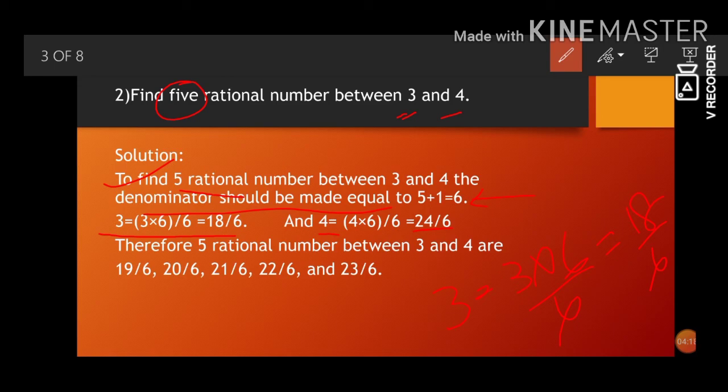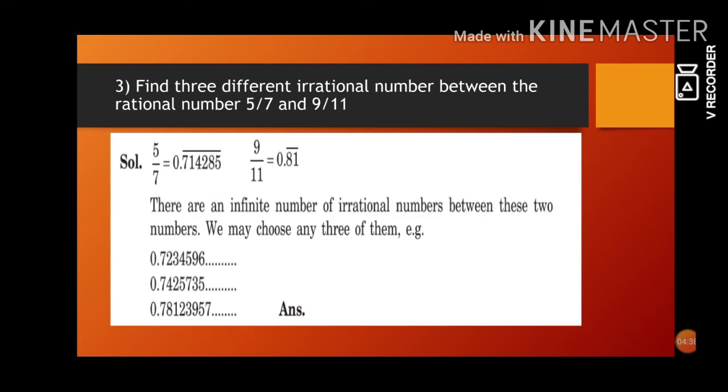So between 18 by 6 and 24 by 6, there are 5 different rational numbers. They are 19 by 6, 20 by 6, 21 by 6, 22 by 6 and 23 by 6. So these are the 5 rational numbers between the two given numbers 3 and 4.